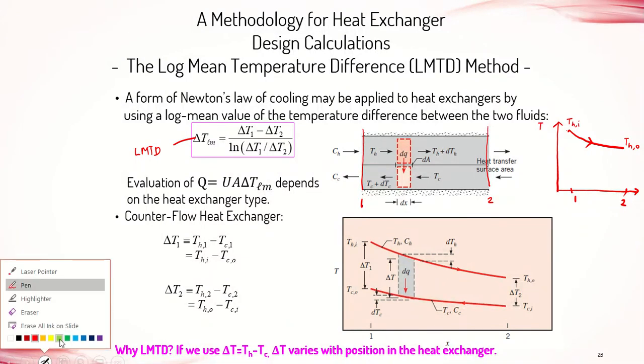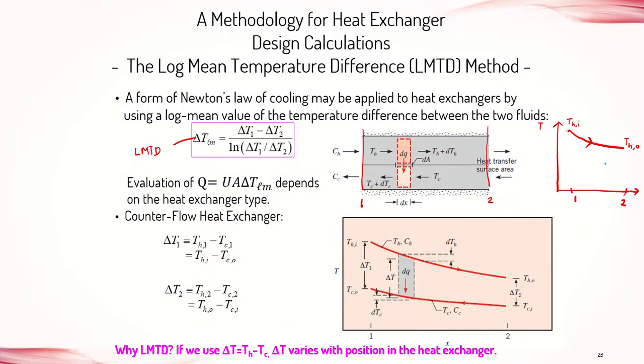In the cold fluid side, since it's countercurrent, it starts from position 2. The temperature of the cold fluid is quite low, but as it moves through the heat exchanger, the temperature increases due to the energy transferred from the hot fluid. So this would be T cold in and this would be T cold out.